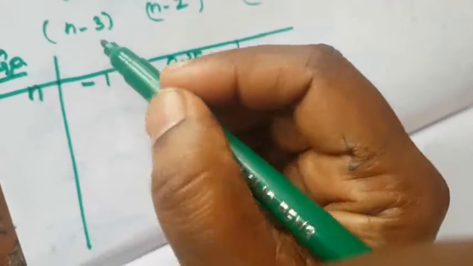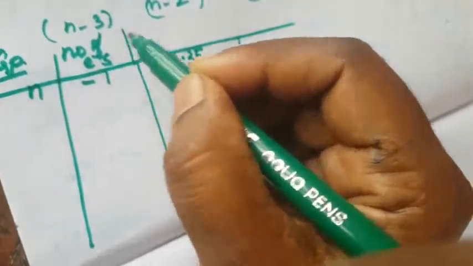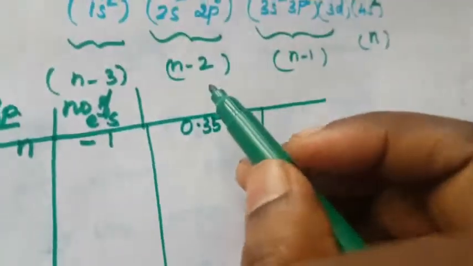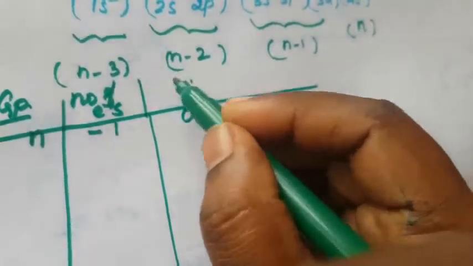This is one tabular column. This is the group, the number of electrons in the group. Then the contribution of this electron, that is the screening S value.